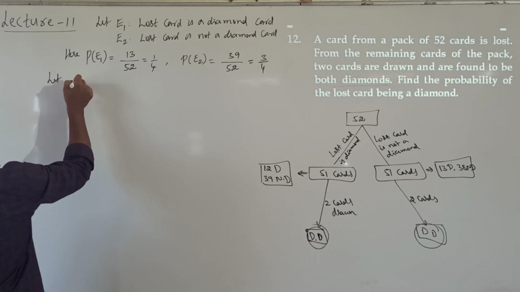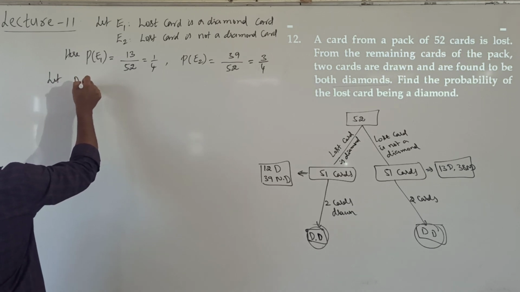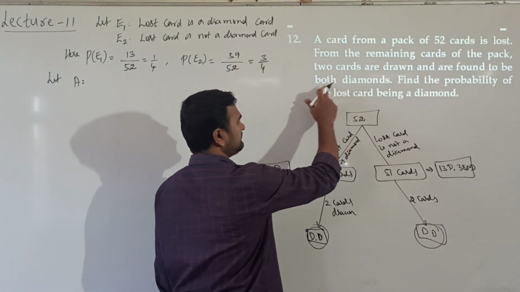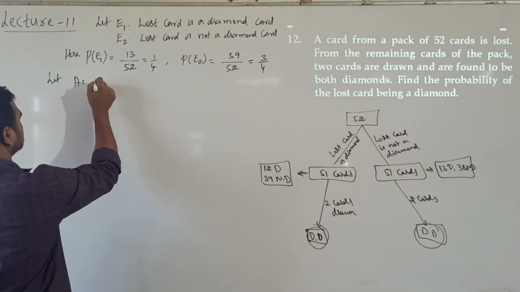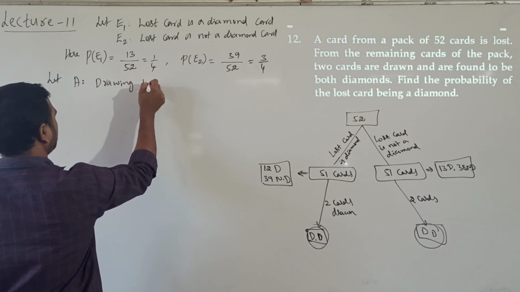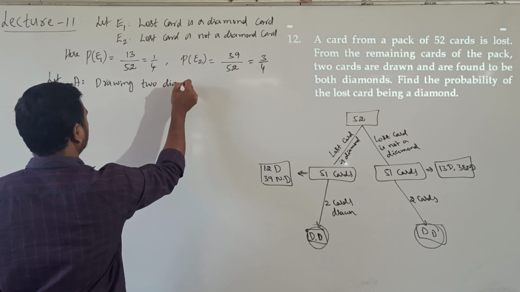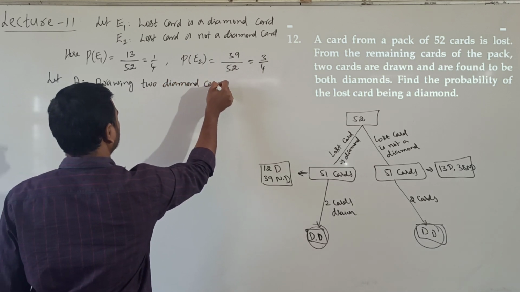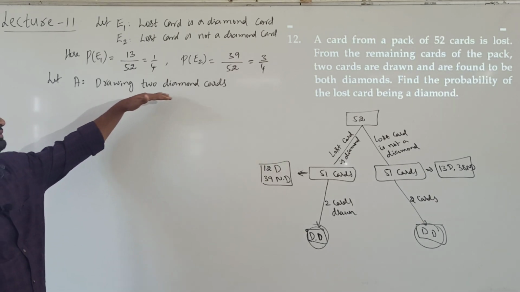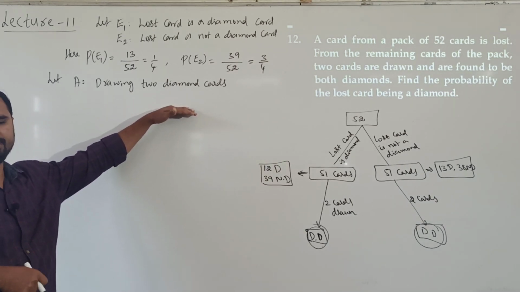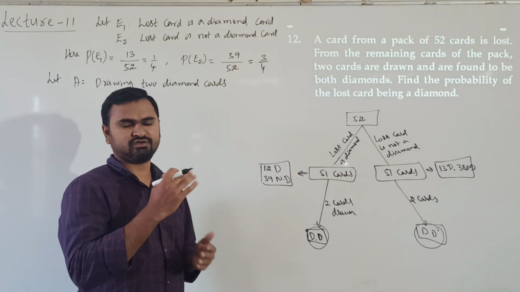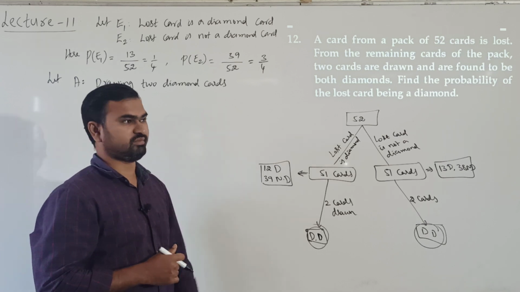Let A be the common event that has already happened, drawing the two diamond cards. Okay, A is the common event, that is drawing two diamond cards. Now when we draw these two diamond cards, one card is already lost. So from 51 cards only we are drawing these two diamond cards.